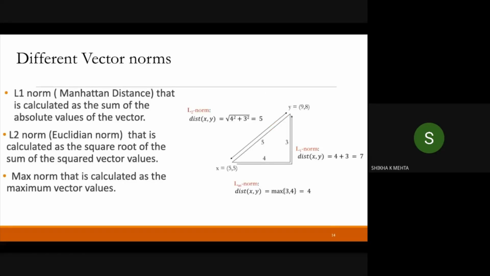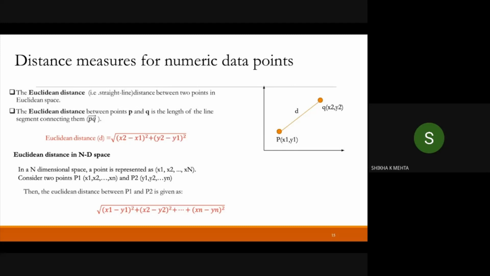And if we have data points in different dimensions, we have to take the difference of the 2 points, p minus q. Correspondingly the data points are subtracted: x1 minus x2 whole square plus y2 minus y1 whole square. Similarly, z1 minus z2, then p1 minus p2.